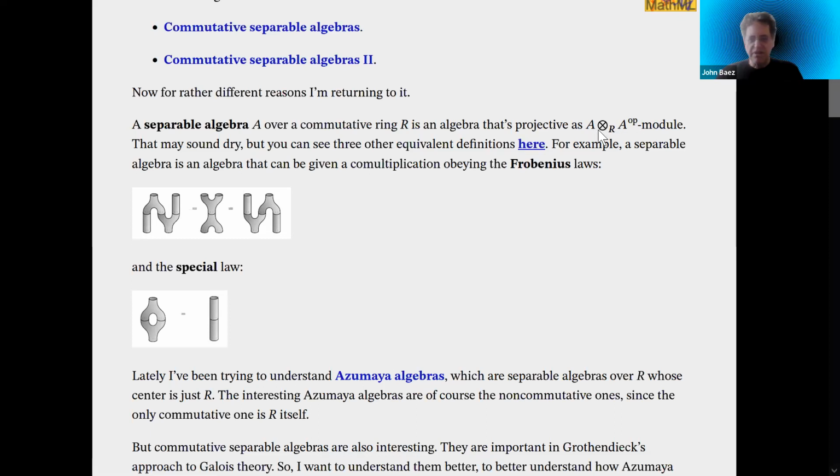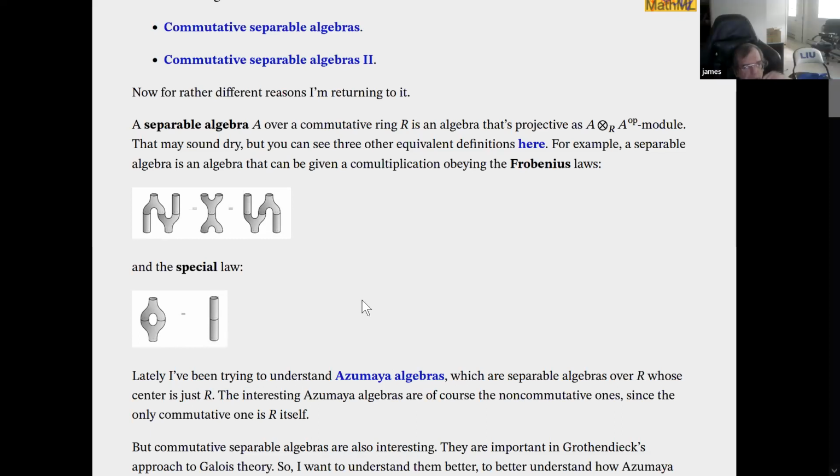But I know, starting from that definition, you can quickly get a hold of this other definition that's great for people like TQFTs, which is that you can find a co-multiplication for your algebra, which is not necessarily co-associative, but it obeys these Frobenius laws, and also this special law that if you co-multiply and then multiply, you get the identity.